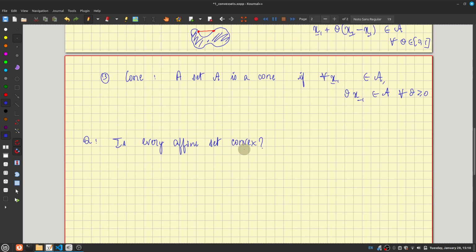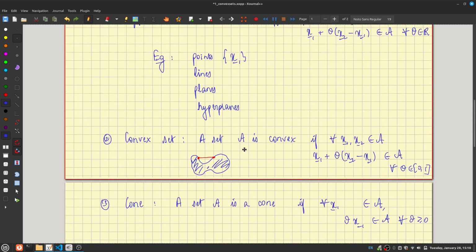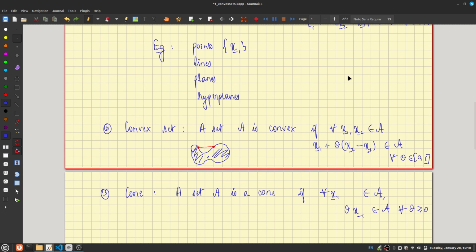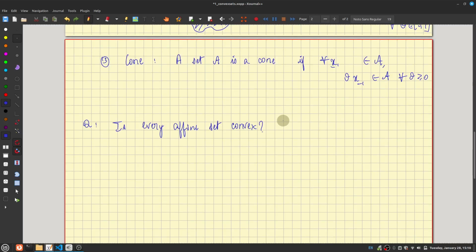Yes, because after all, for a set to be affine, it should be closed under all possible combinations of this particular form, where theta can be any number from minus infinity to plus infinity, whereas convex sets are obtained by putting further restrictions. Only the line segment that joins 2 points should lie within the set. So yes, every affine set is convex.